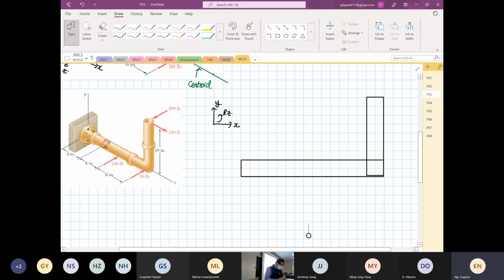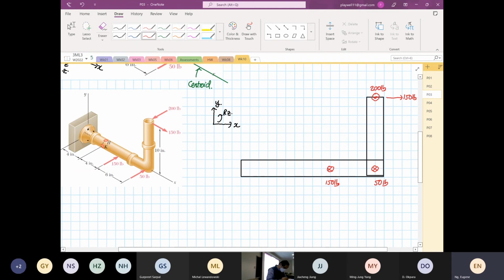We can see the 150 pound force. Then the 200 pounds is going to come towards us, it's a dot. Then we have a cross of 50 pounds. And over here, we have another cross of 150 pounds.